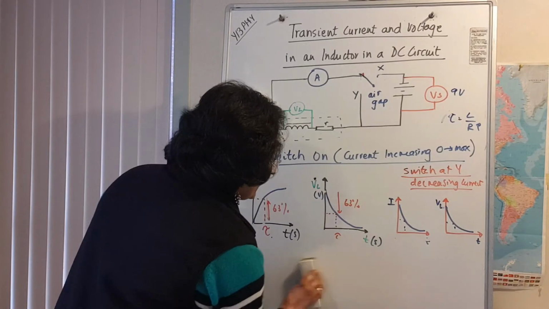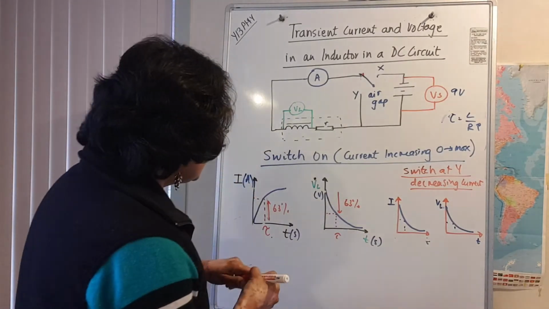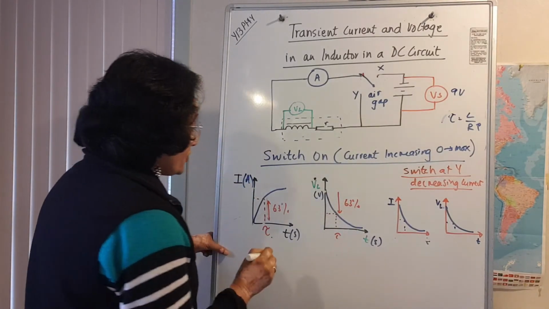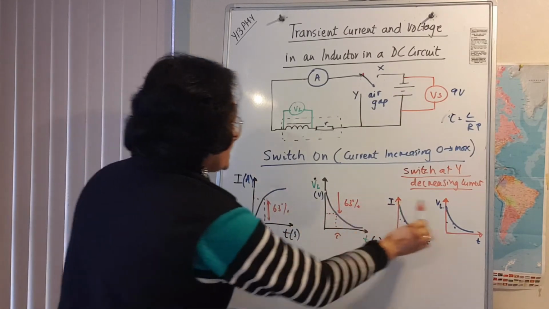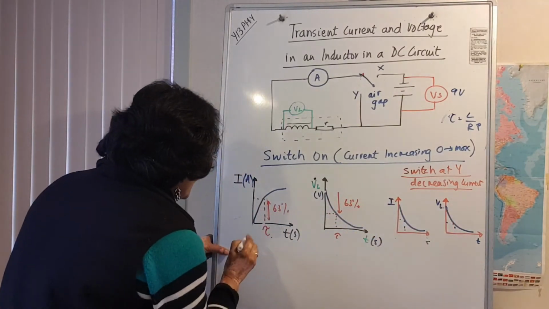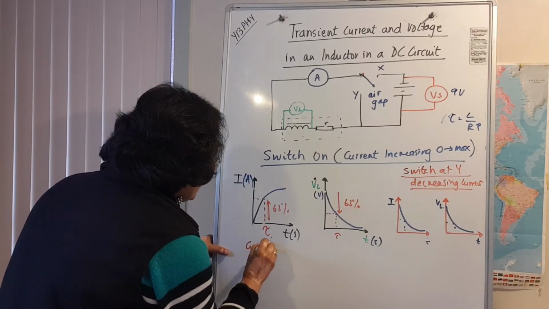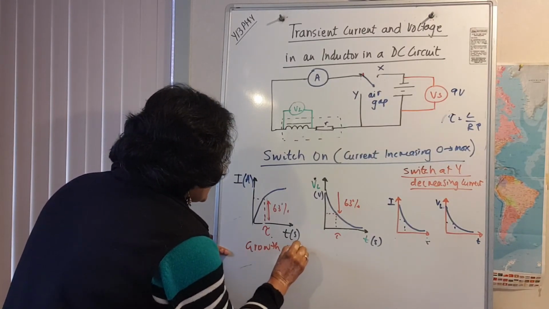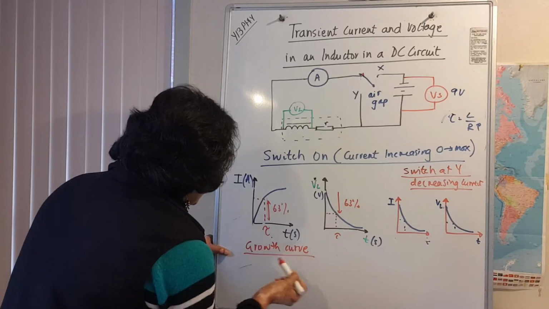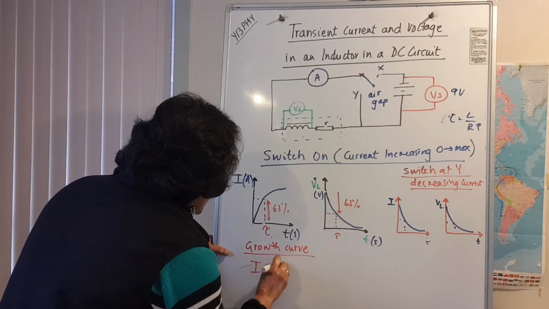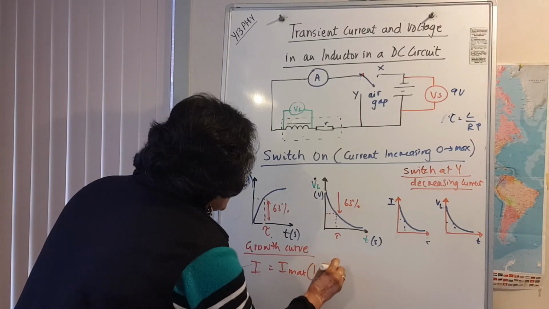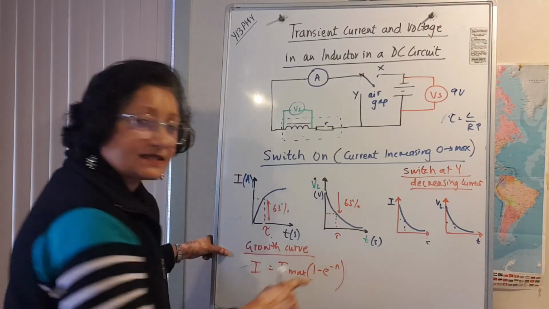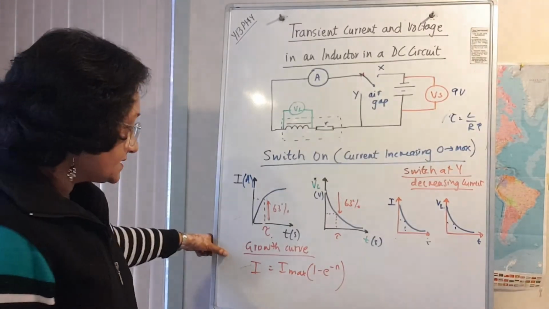Now, just a formula. Like I taught you for capacitors, for a growth curve, this is the only one that's growth, all the others are decay. For a growth curve, your current after any particular time constant is I equals I max (1 minus e to the power of negative n), where n stands for how many time constants.